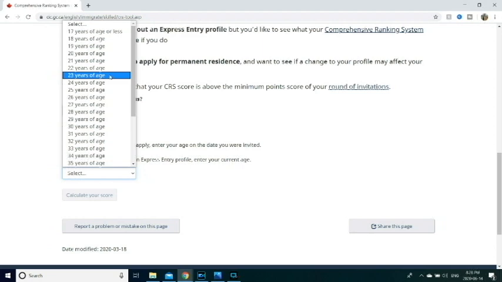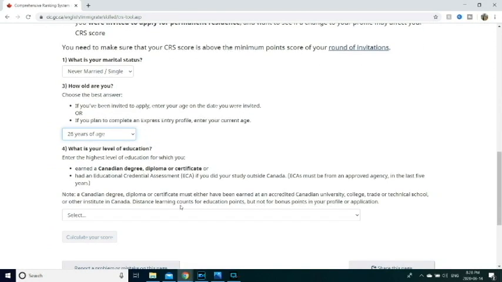After 2 years of course, 1 year of experience, so 3 years more. So you need to add 3 years to this age because you're going to file your PR after 3 years, completing all the conditions. Okay, these are hypothetical numbers. So 23 plus 3, 26 years. Because we are calculating the points for our future. I have mentioned that in many of my videos, we need to plan in advance.